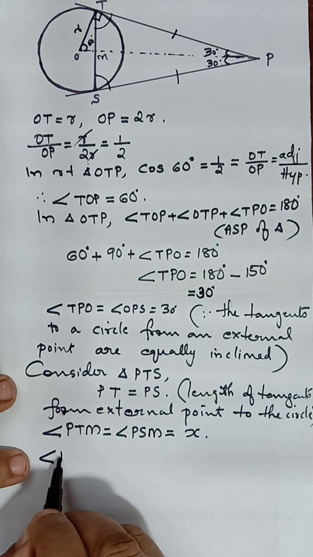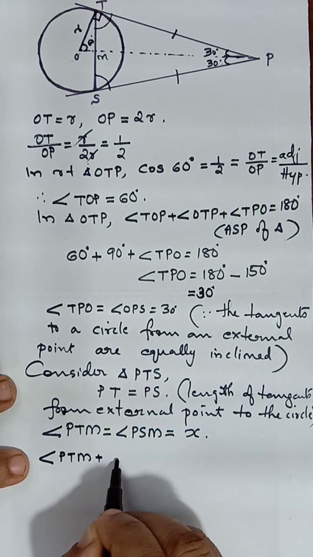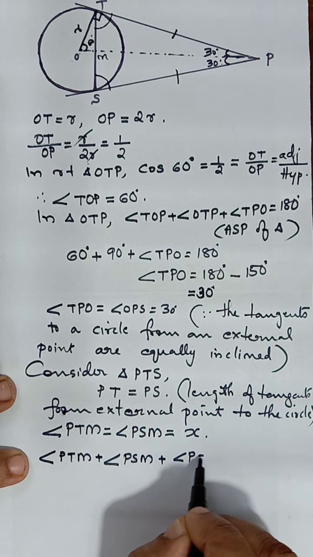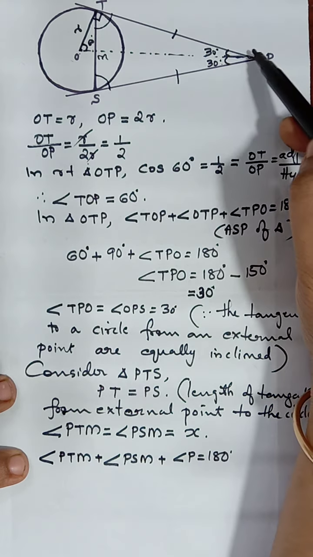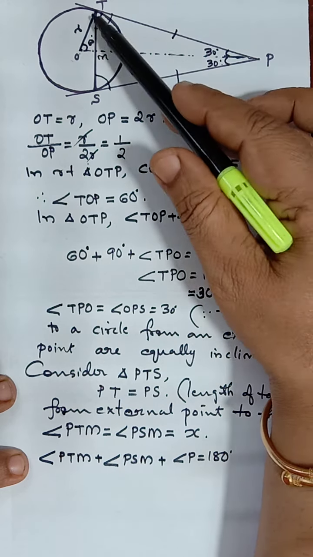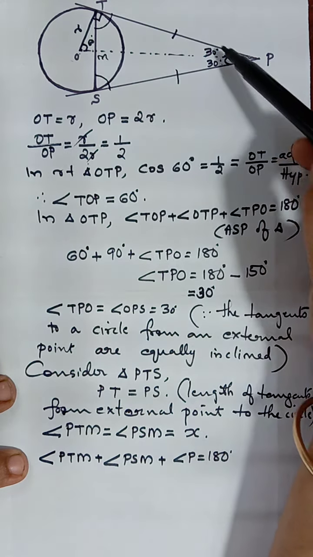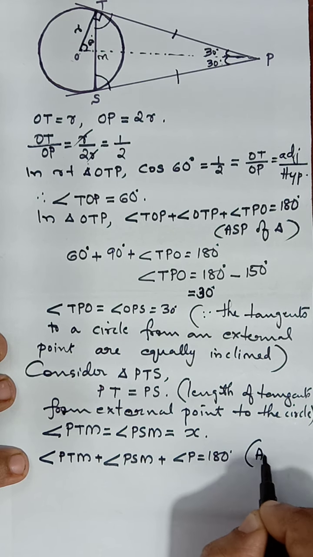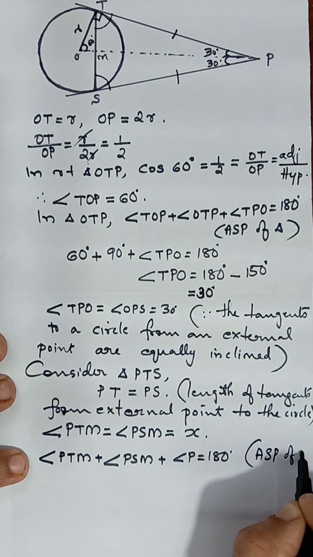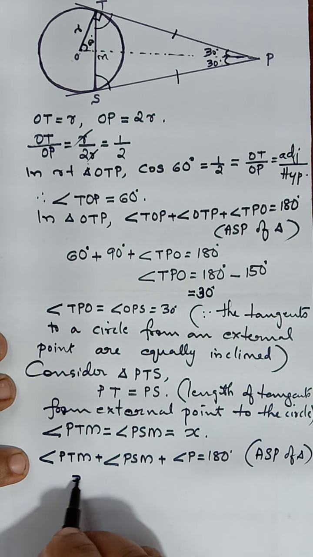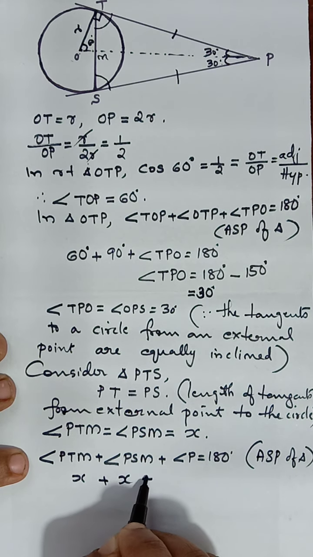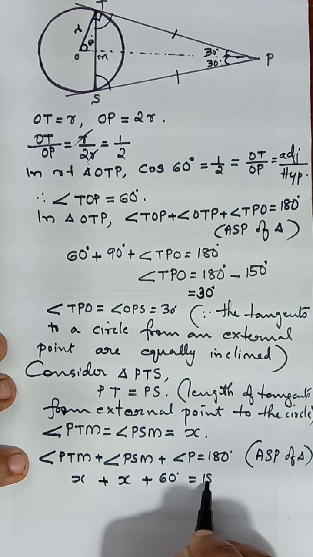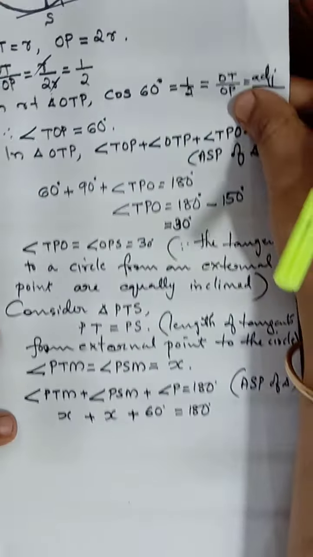Angle PTM plus angle PSM plus angle P is equal to 180 degree. Angle P means the complete angle. PTM, PSM and this angle P, angle sum property of triangle. So here it is X, this is also X, and this we have taken as 60 degree, equal to 180 degree. So what do we get now?